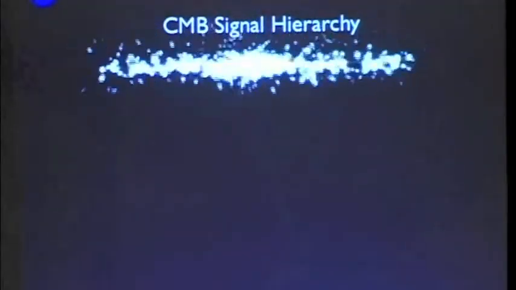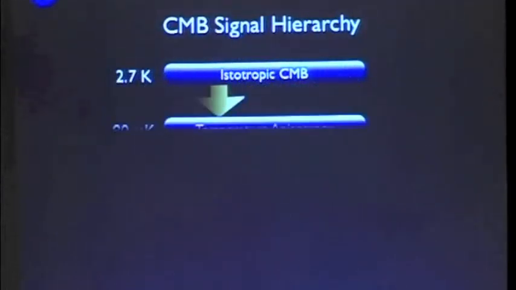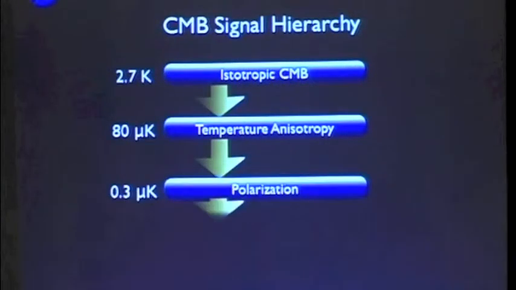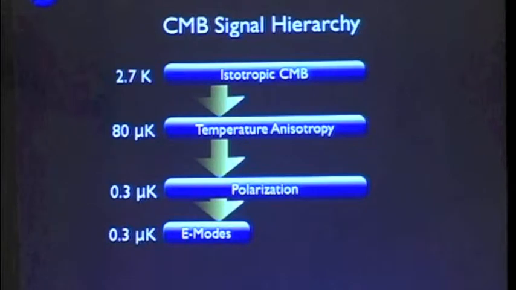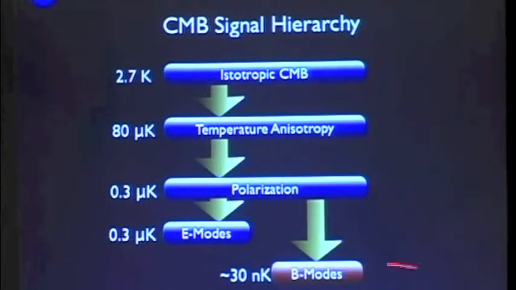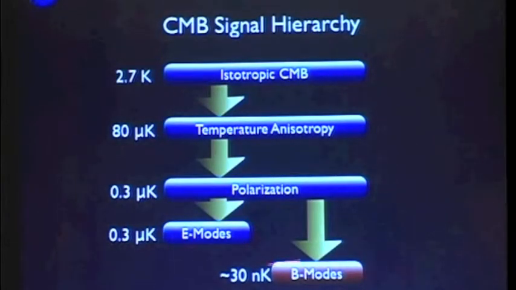One thing to point out, though, is that the signal is really small. If the isotropic cosmic microwave background is 2.7 Kelvin, the signature of inflation, which I've labeled B modes down here, is really tiny compared to that, 30 nanokelvin or so.